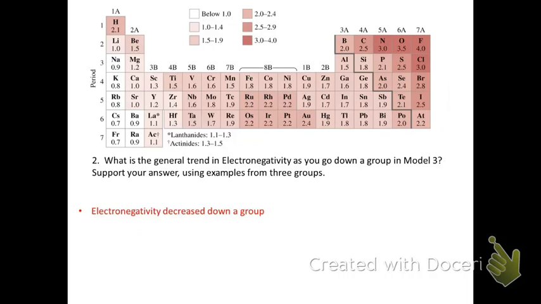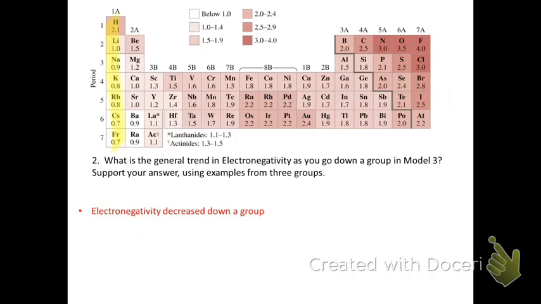Right. So let's look at question 2 here. It says, what is the general trend in electronegativity as you go down a group in Model 3? Support your answer using examples from the 3 groups. Okay, so we're looking at the electronegativity trend as we go down a group. So let's take group 1, for instance.